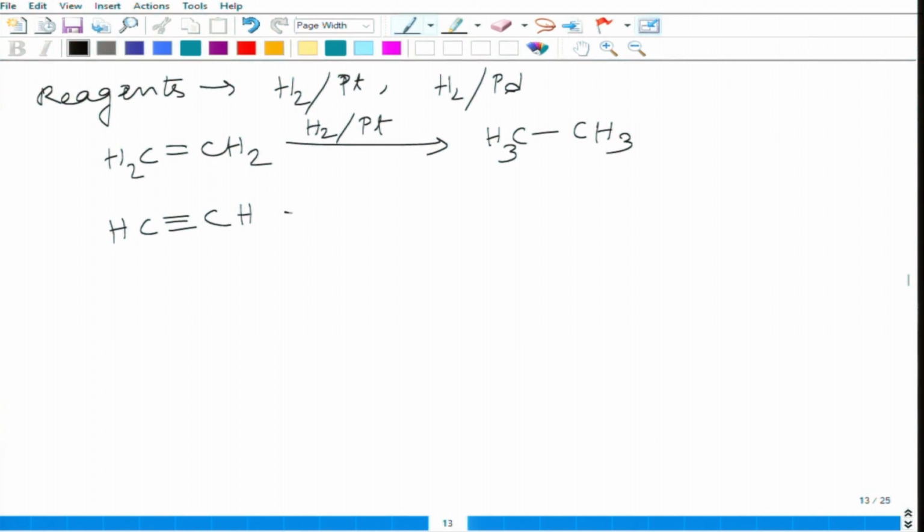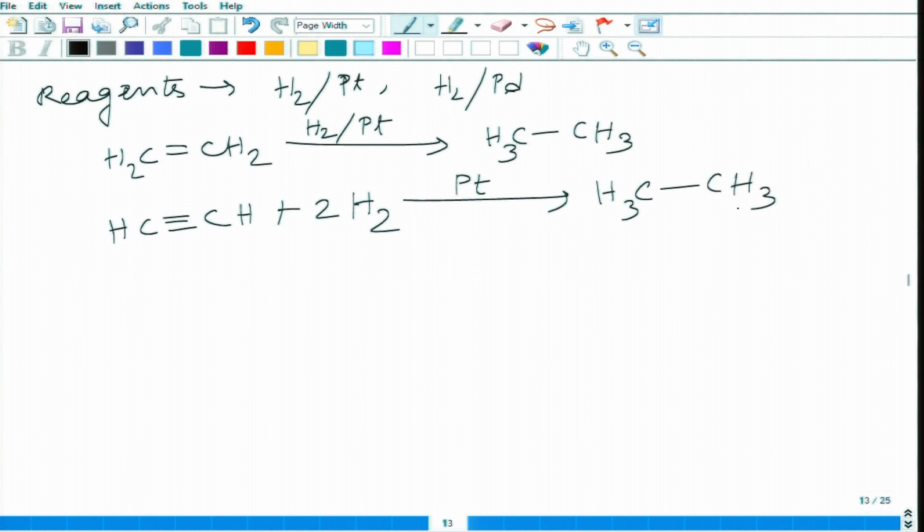In this case, we will need 2 hydrogen, okay, plus 2 hydrogen in presence of metal catalyst will give ethane.